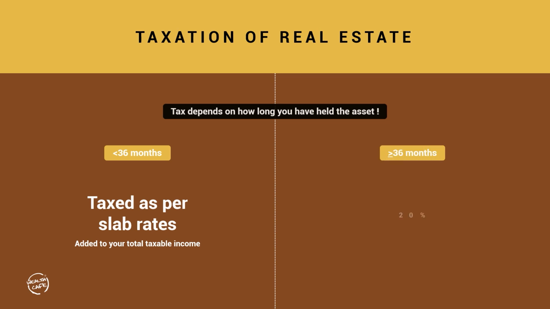Versus if you've held the property for more than 36 months, then gains from sale of such an investment are considered as long-term capital gains, and these gains are taxed at a rate of 20% of your gains. So the tenure of holding your property determines whether the gains or the price appreciation that you make from the real estate are taxed as short-term or taxed at a preferential rate for being a long-term capital gain.